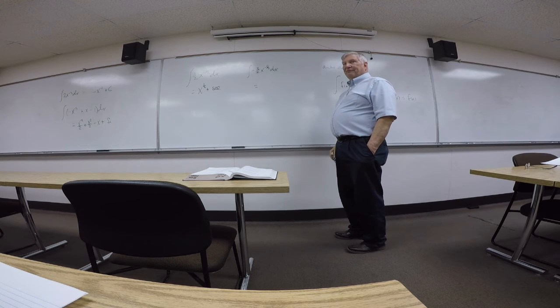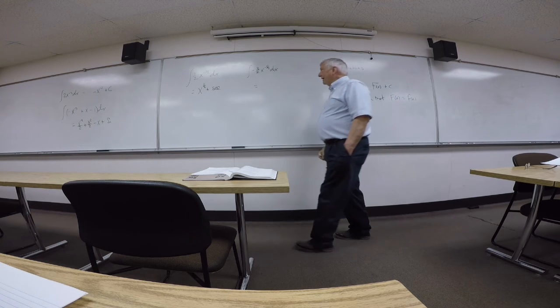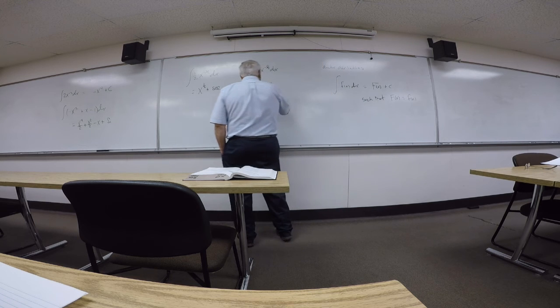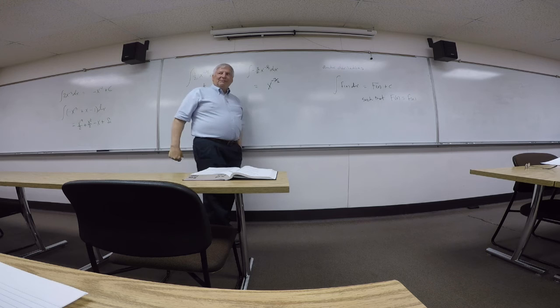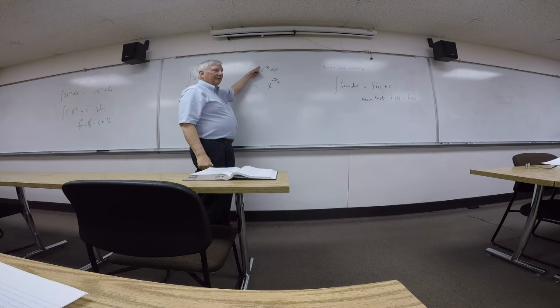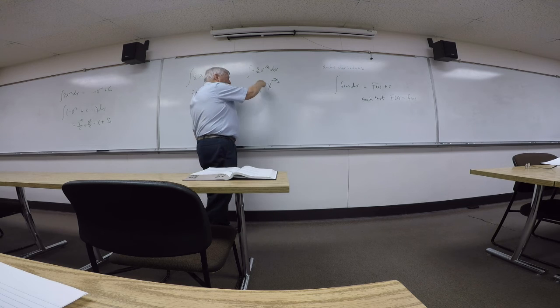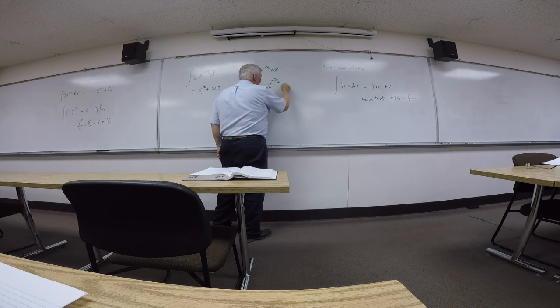What's one more than negative 5/2? Negative 3/2. X to the negative 3/2, divided by the new exponent. The old coefficient, negative 3/2, divided by negative 3/2 is 1, plus c.